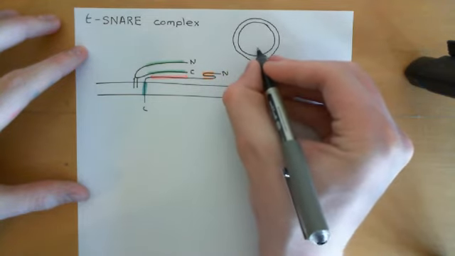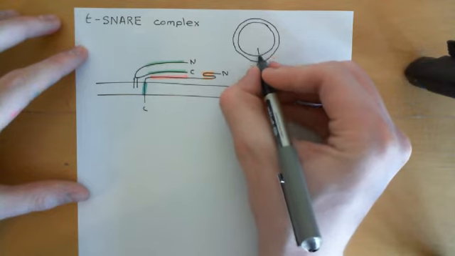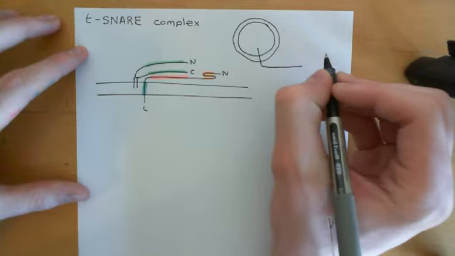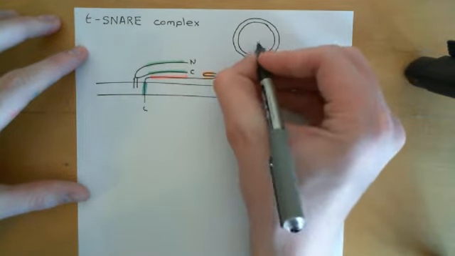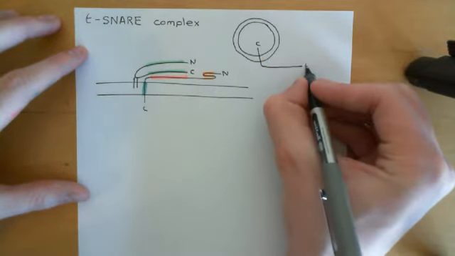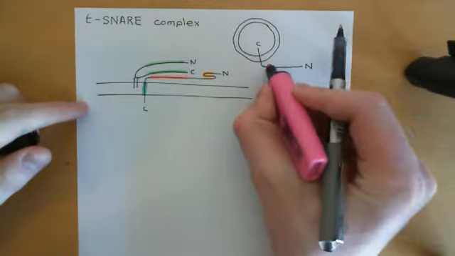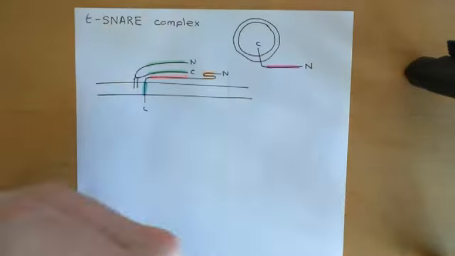And basically the snare protein that is implanted into the synaptic vesicle membrane is a protein known as synaptobrevin 2. Okay, and it has its C terminus inside the synaptic vesicle lumen and its amino terminus outside the synaptic vesicle, so in the cytoplasm. Okay, and here then is the snare motif of synaptobrevin 2.